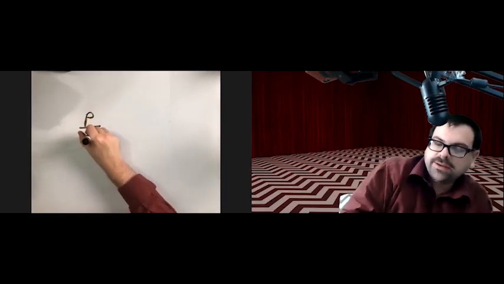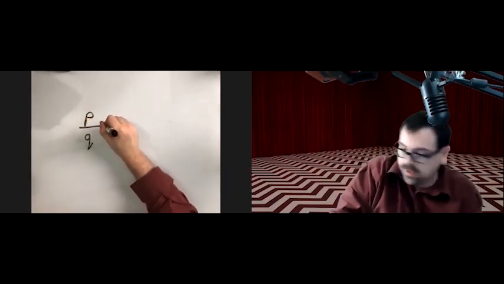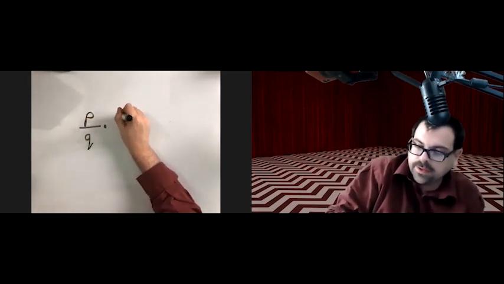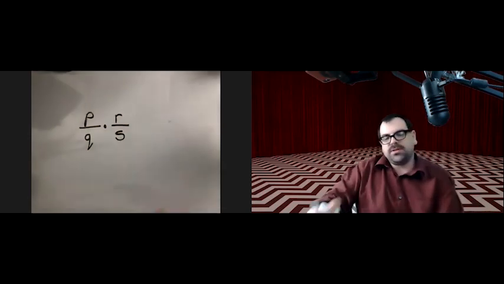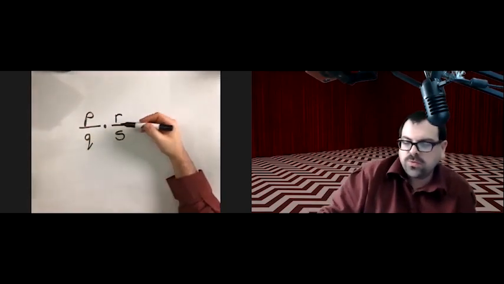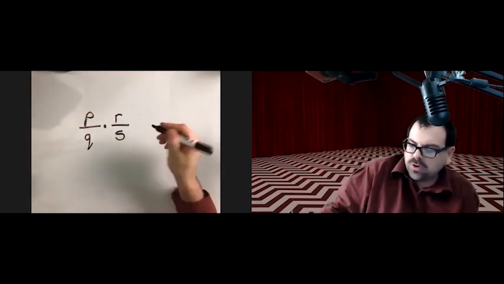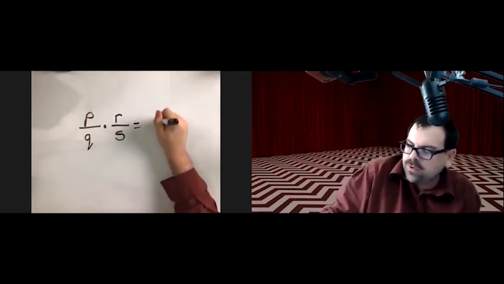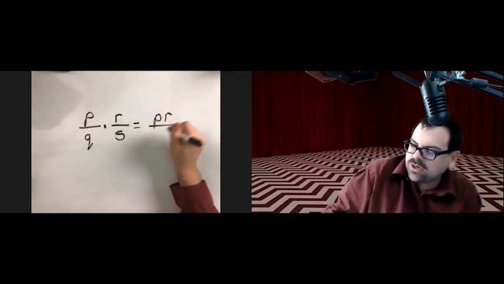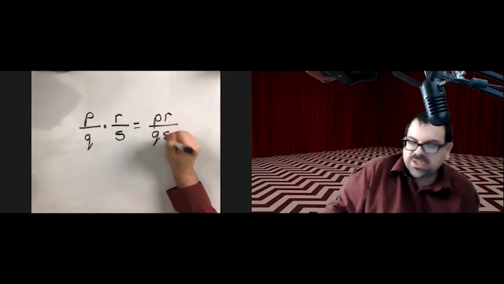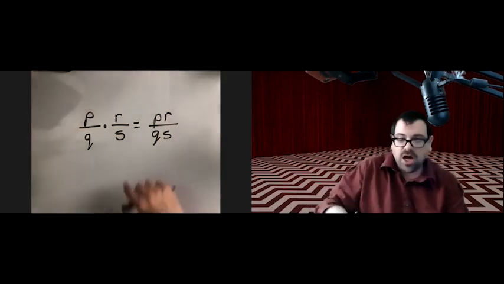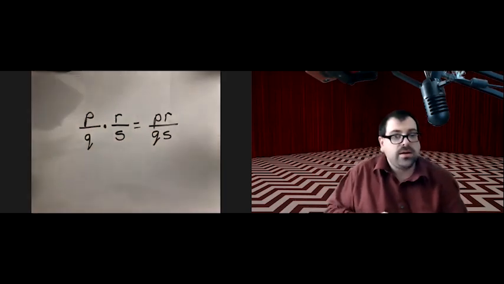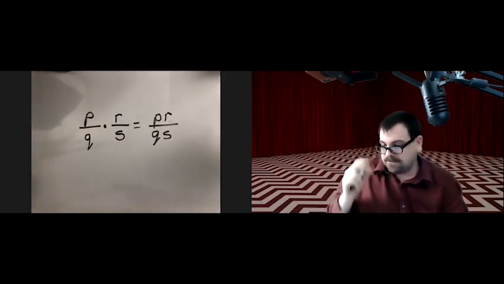If we had P, Q, R, and S as numbers, then P over Q times R over S would be P times R over Q times S. When we multiply fractions, we multiply across the top, we multiply across the bottom.